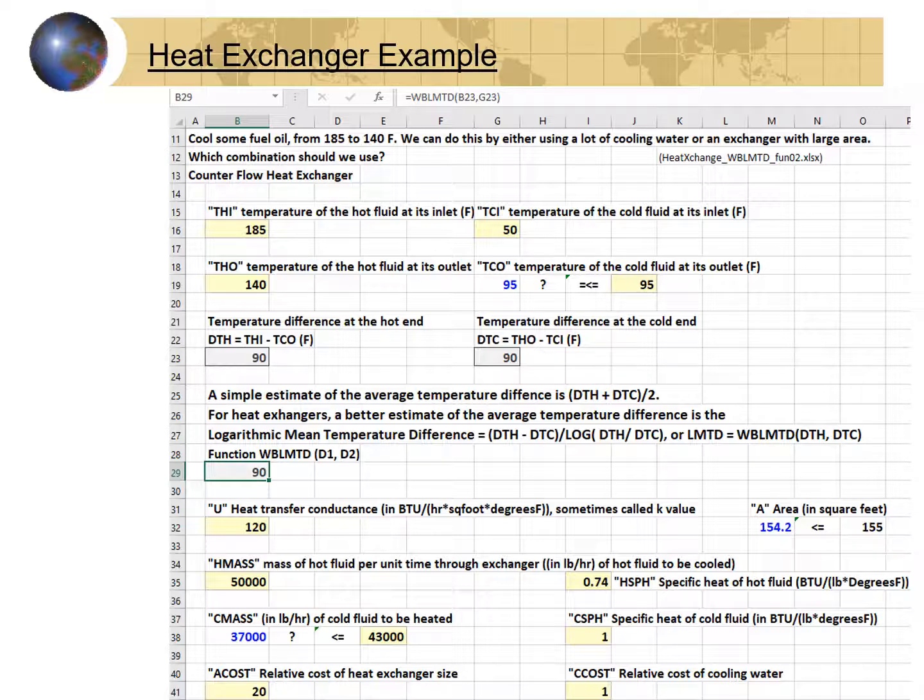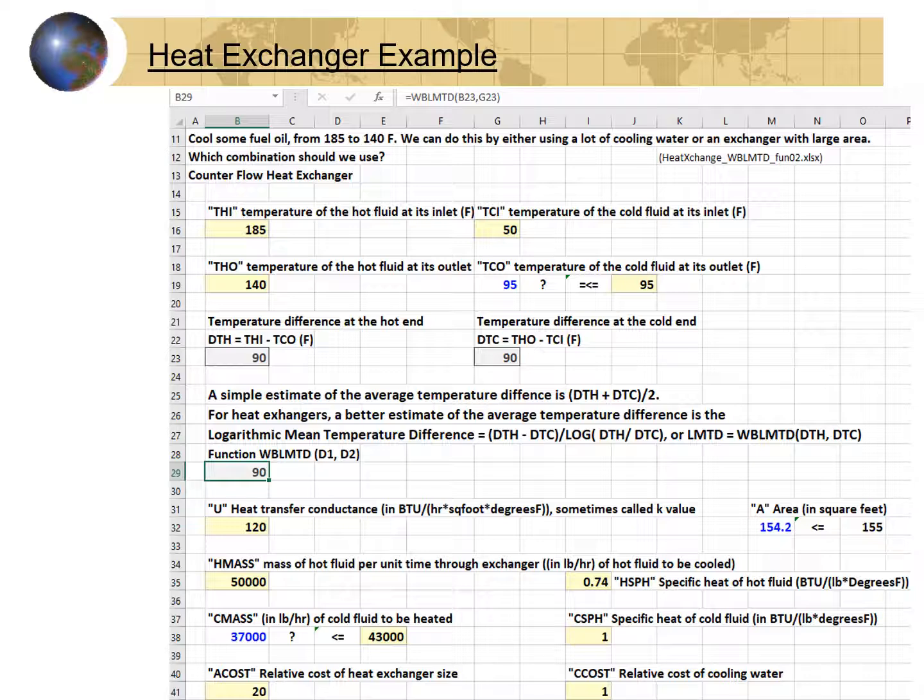And we want to cool the hot fluid down to 140 degrees. So that's in row 19, you see the 140. And a decision variable is the outlet temperature of the cold fluid. And we have a constraint that it has to be less than 95 degrees Fahrenheit.